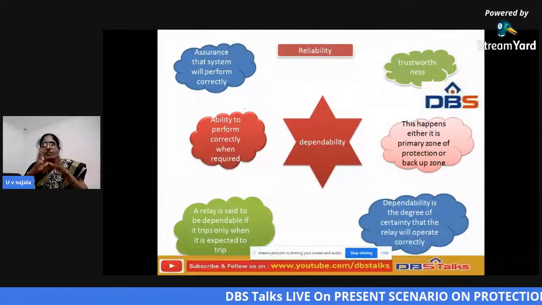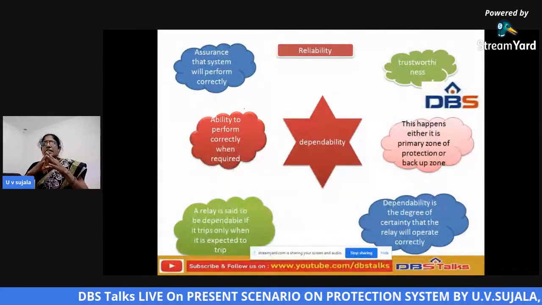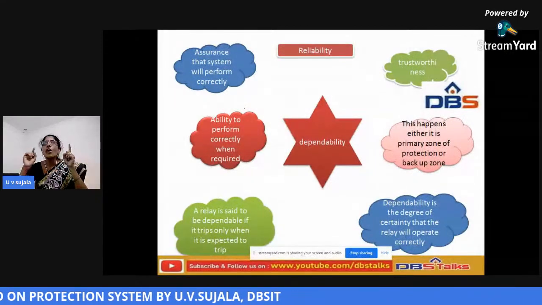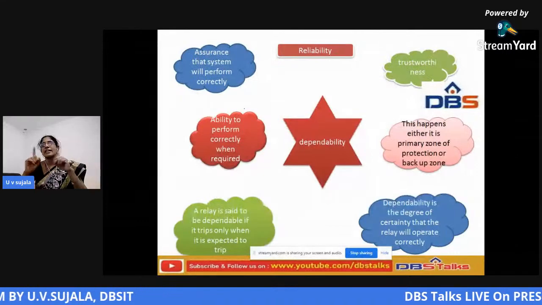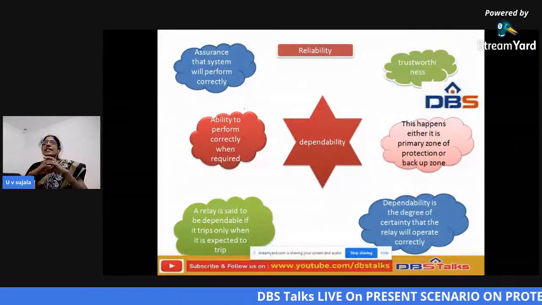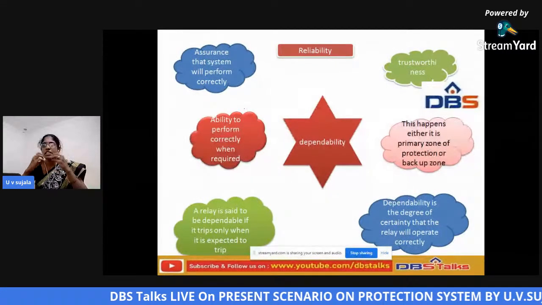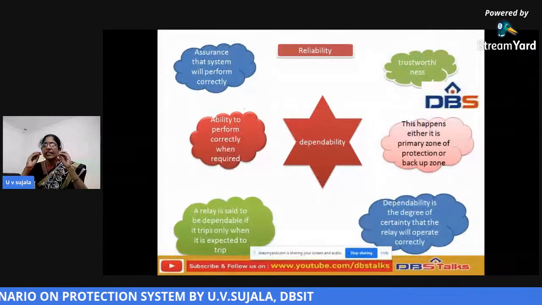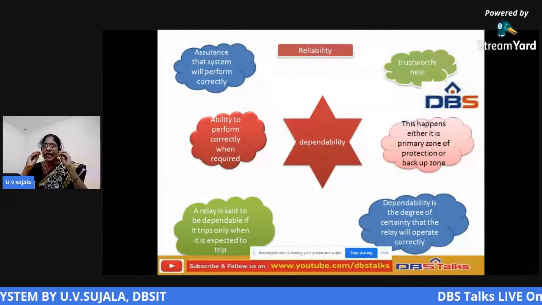Dependability is the certainty that whenever it operates, it operates in the correct manner. That means different zones must be there, and you have to operate in the correct manner.